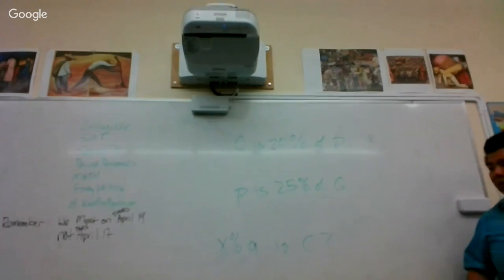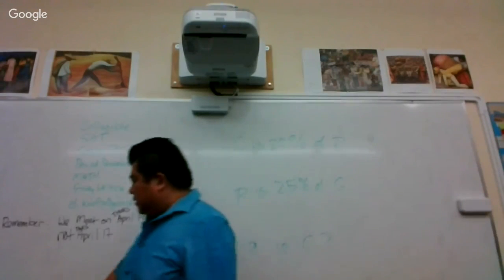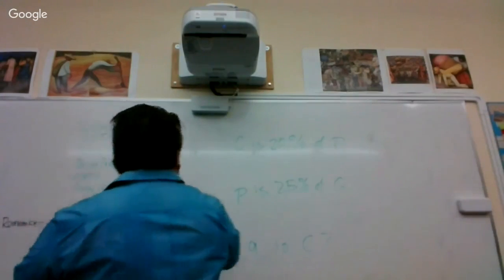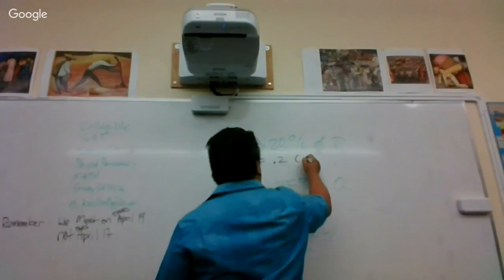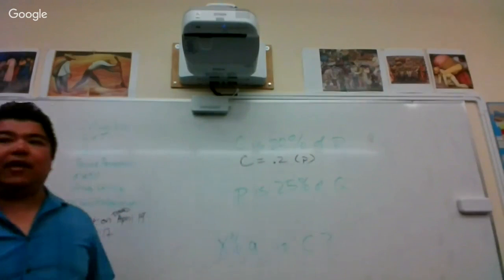So what would we do here? C equals 25% times P. No, it's 20%. I keep on saying 25 for some reason. You see that equation?